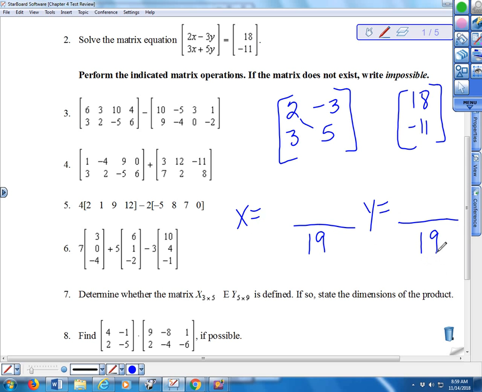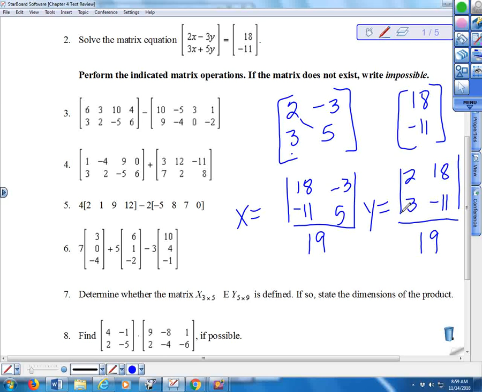To find x, I replace the x column with the constants. And to find y, I replace the y column with the constants. Make sure this is on. Yes.